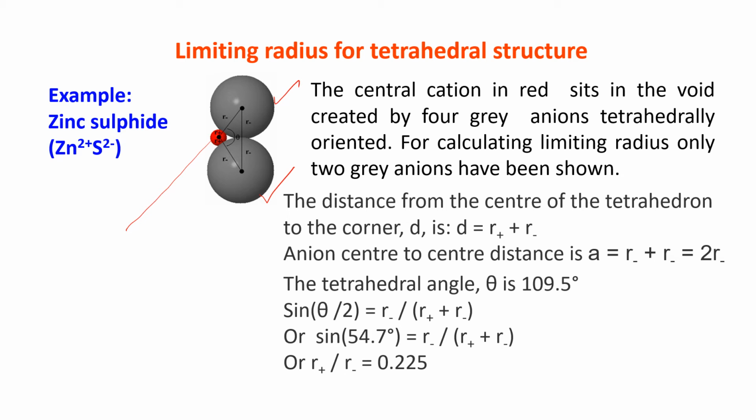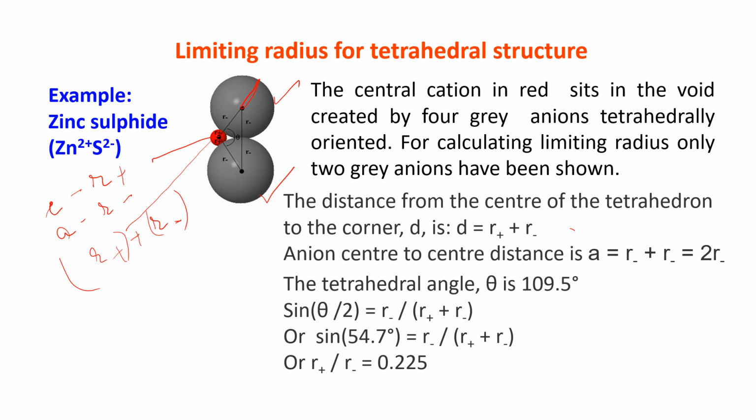Now the distance from the center of the tetrahedron to the corner, from here up to this much, is coming r plus and r minus, because the radius of the cation we have taken r plus and the radius of the anion we have taken r minus. So this distance is r plus plus r minus.